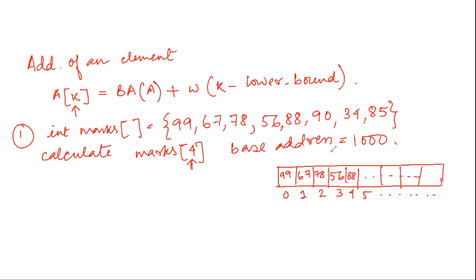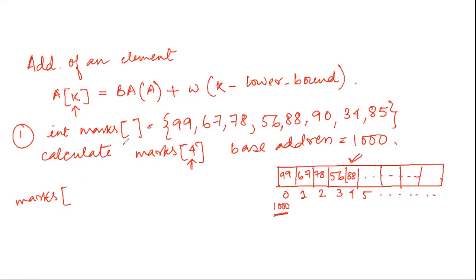I have been asked to find the address of this location, and it is said that the addresses start from the base address of 1000. I have to find the value of k first. Anyone? What is the value of k?